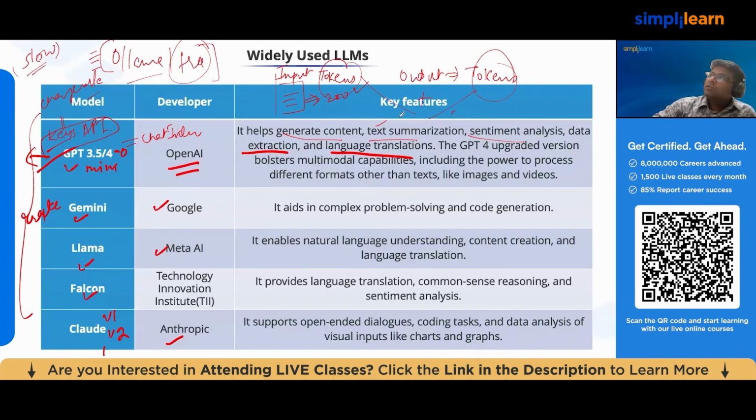Let's say this is your 2000 tokens, and this is your 200 tokens. So the total is 2200 tokens. Now you see that 2200 tokens have been expended. So make sure that when you write the input and generate the output, they are making the costing mechanism with the help of these tokens.